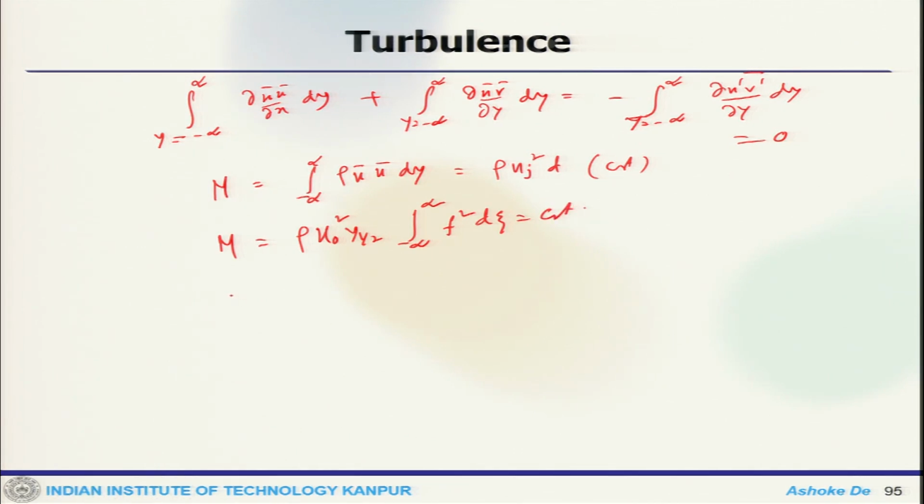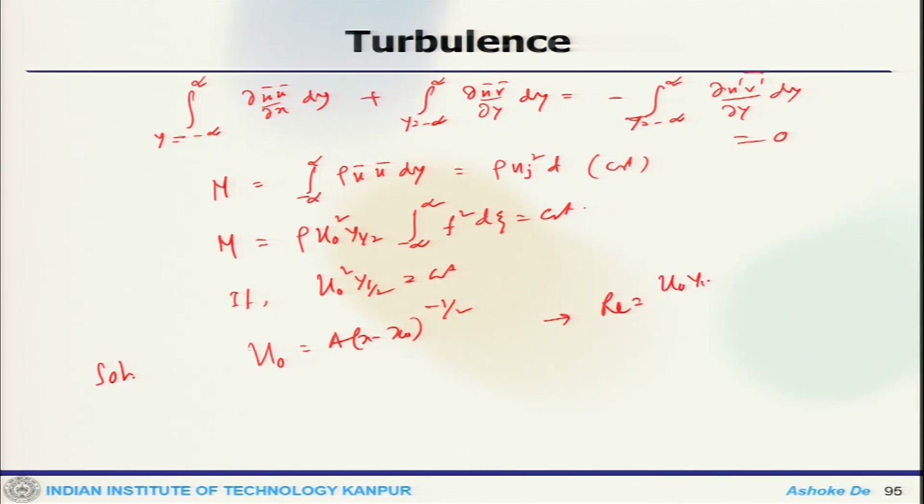This will also be self preserving if u naught square y half is constant. So, the solution which we will get for u naught is u naught A x minus x naught to the power minus half, where the Reynolds number is u naught y half by nu, which is A s nu x minus x naught to the power half.